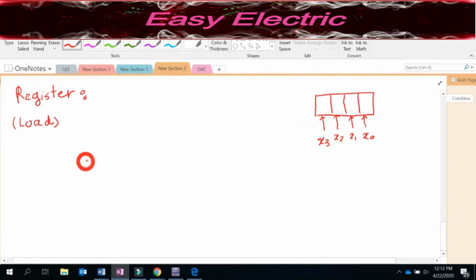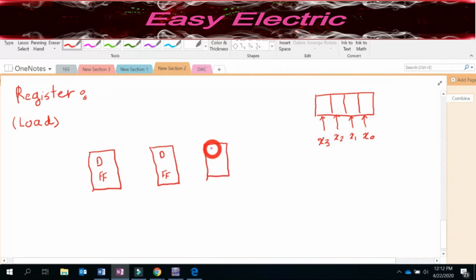Okay, it is actually very simple. You use four D flip-flops. I put a D flip-flop, this is the first one. This is the second D flip-flop. For each bit you need one flip-flop, right?